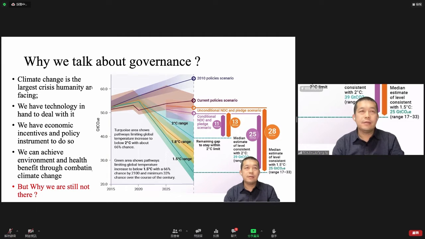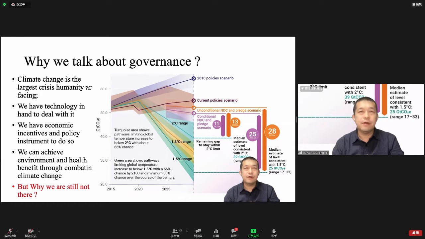But if you look at the figures in these slides, that is the recent emission gap report published by UNEP just before COP26 this year.